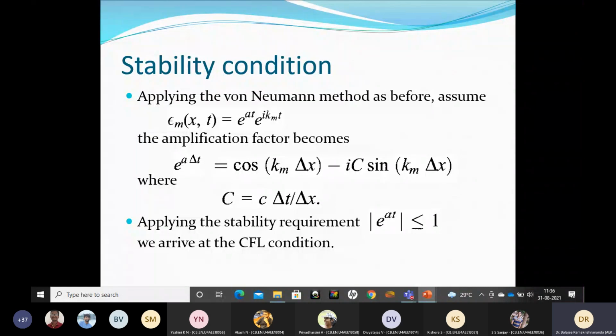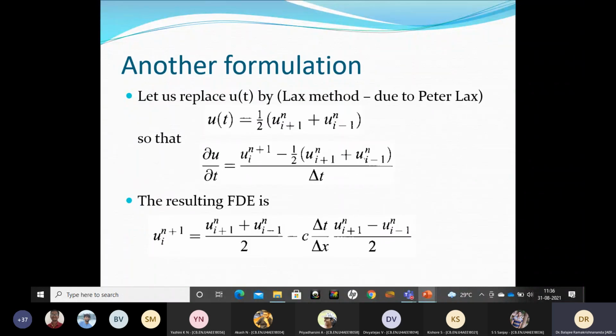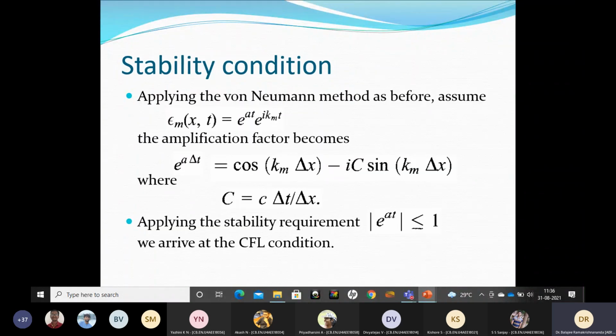Now to this, if you apply the von Neumann method, the same way, put the maximum error as this.